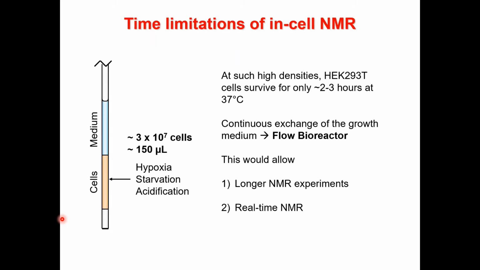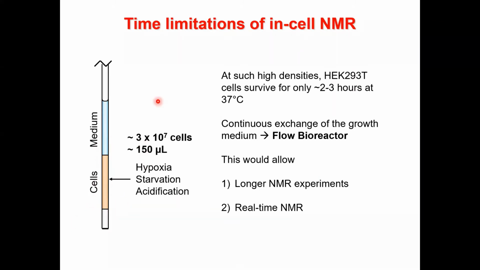Everything I showed up to now was made by treating cells in an incubator, then trypsinizing them and making a pellet inside the NMR tube. So this increases the cell density to a huge amount.